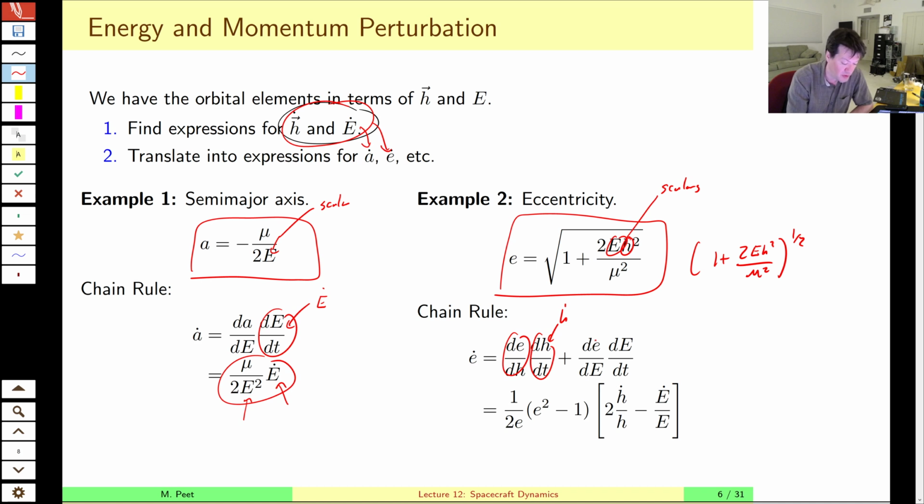Plus, this is where the chain rule comes in, differentiate e with respect to energy, and then multiply that by E dot. So if we can find expressions for h dot, the scalar version, and E dot, then we can find an expression for the rate of change of the eccentricity.